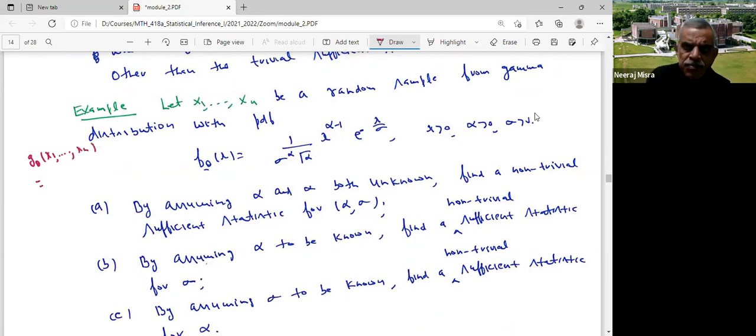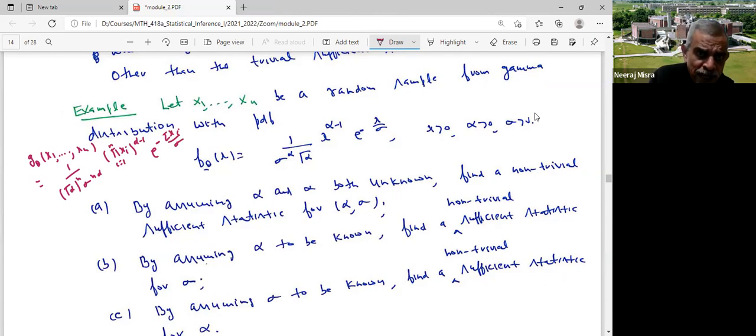Because it is a random sample, it will be the product, i equal to 1 to n, of this with x replaced by xi. So it becomes 1 by gamma alpha to the power n, sigma to the power n alpha, product of xi to the power alpha minus 1, e to the power minus summation xi by sigma.